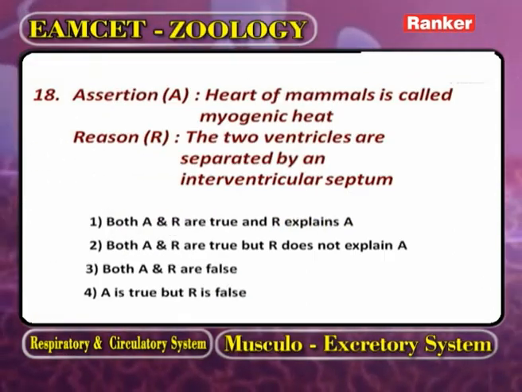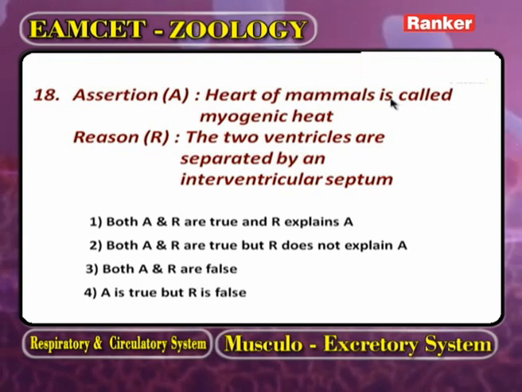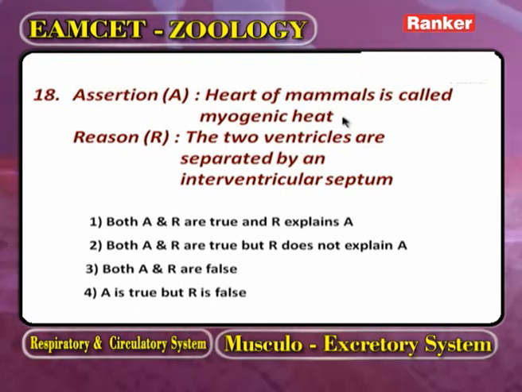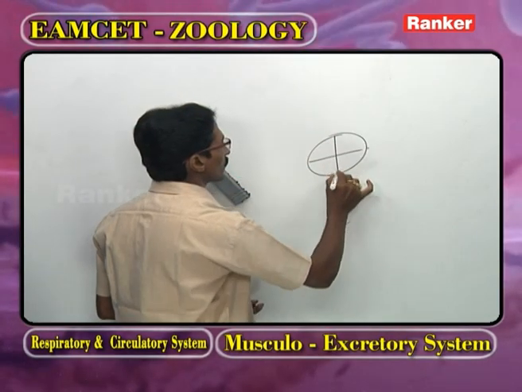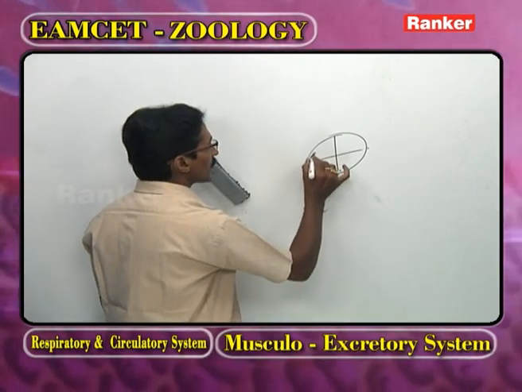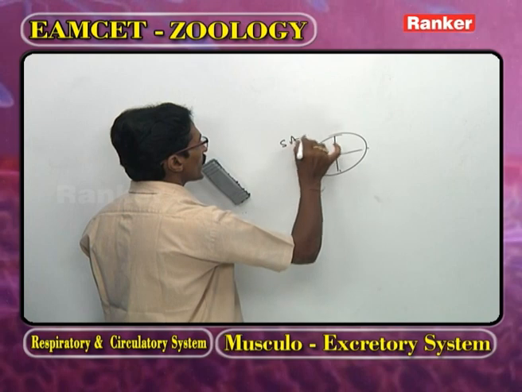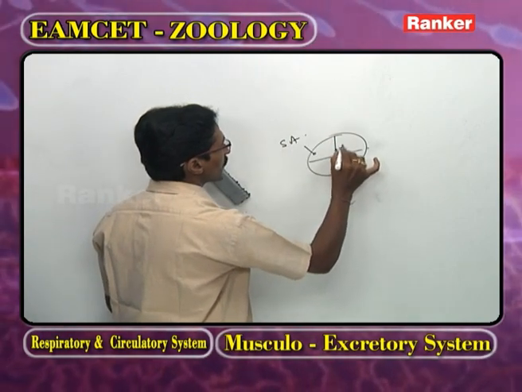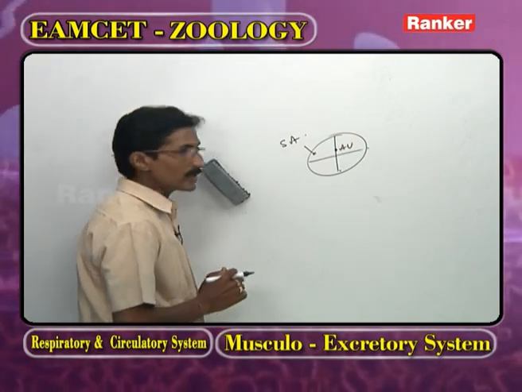Assertion: the heart of mammals is called a myogenic heart. Now this one we call the four-chambered heart. Now this dot indicates the SA node and this dot indicates the AV node. Okay, students?